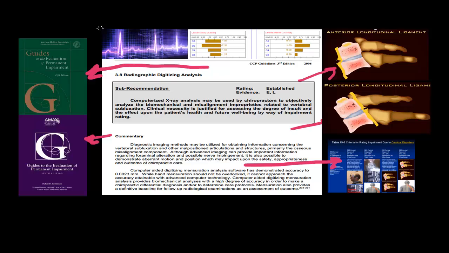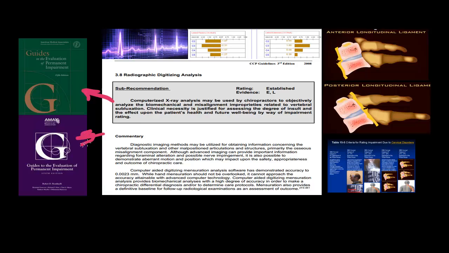Now, the beauty of that is that now the doctor does not have to give their personal opinion as to how injured the patient is. They can use the consensus of the permanent impairment guidelines, which is quite significant, because what the doctor wants to do, you want to stay out of subjectivity and you want to stay in objectivity. And that's what a CRMA peer-reviewed guidelines says is the clinical utilization for this procedure.